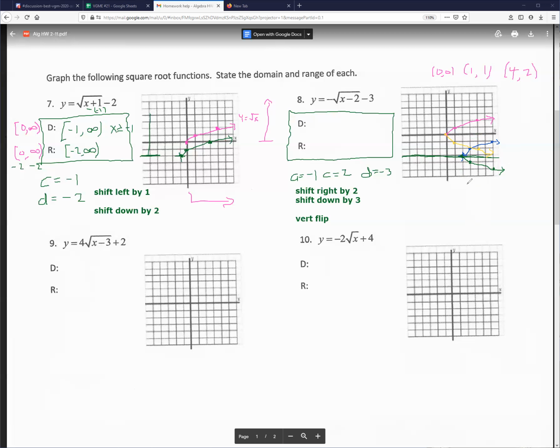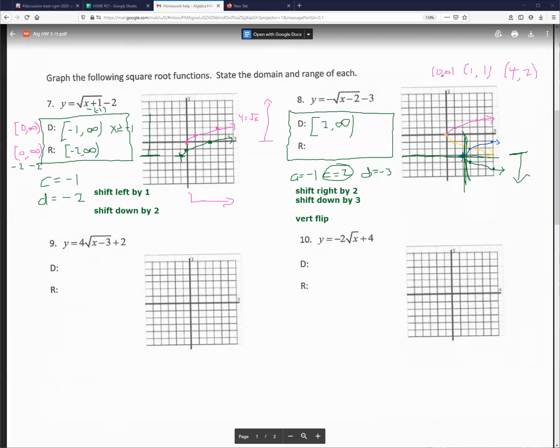All right, domain. Well, we can see we've got everything from here over. That is x equals 2 because we have a c value of 2. So it's going to go from 2 to infinity. Now the range is a little different because it's from here down. So we're going to have to write this a little differently.